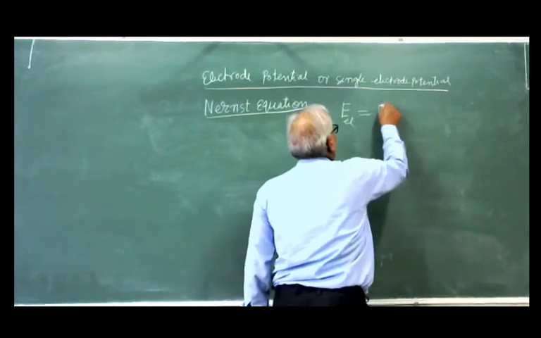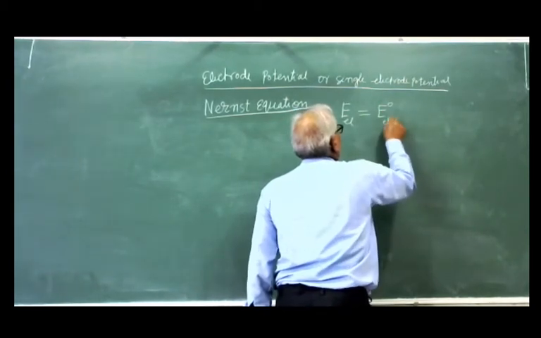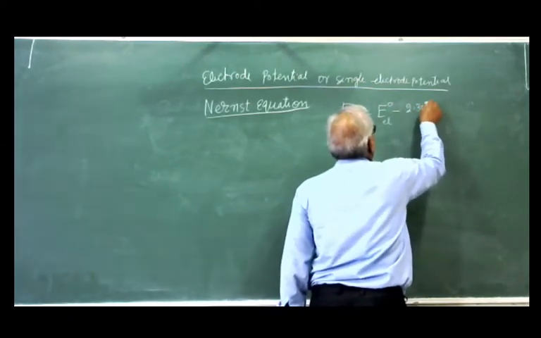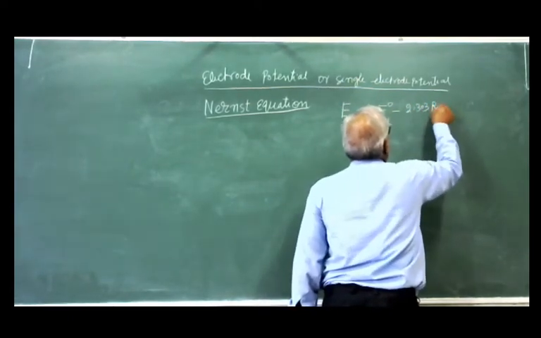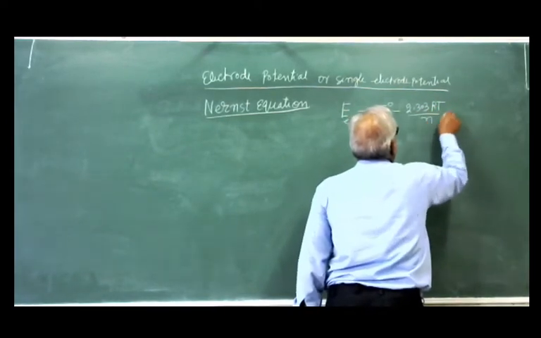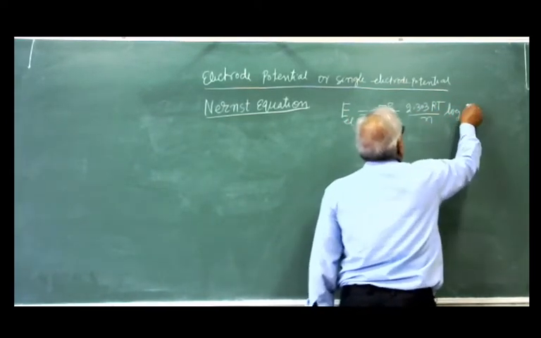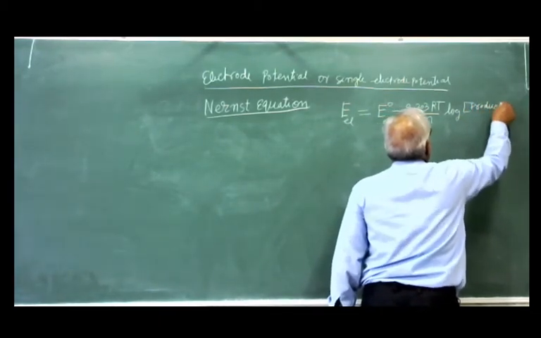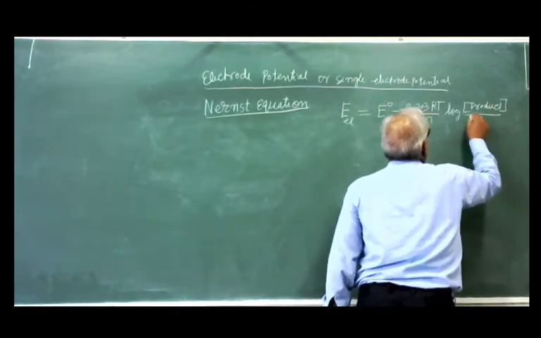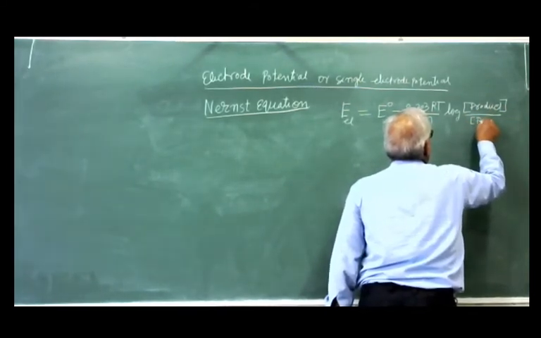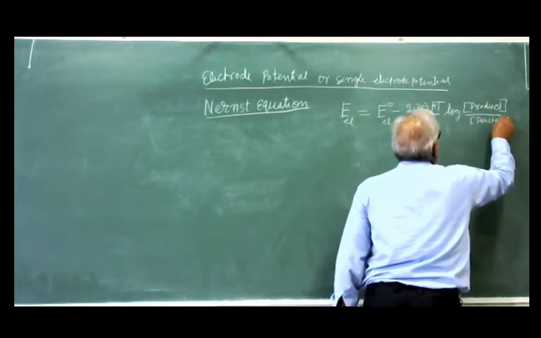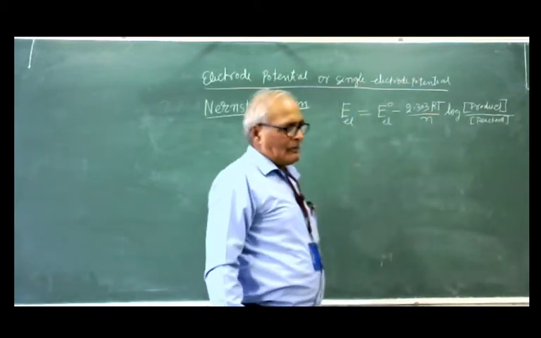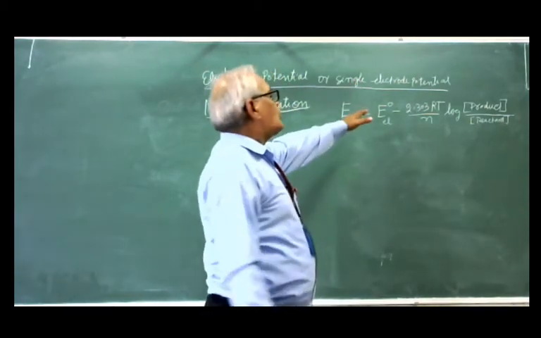It is equal to E0 electrode minus 2.303 RT upon n log product upon reactant. Like this. This is the Nernst equation.